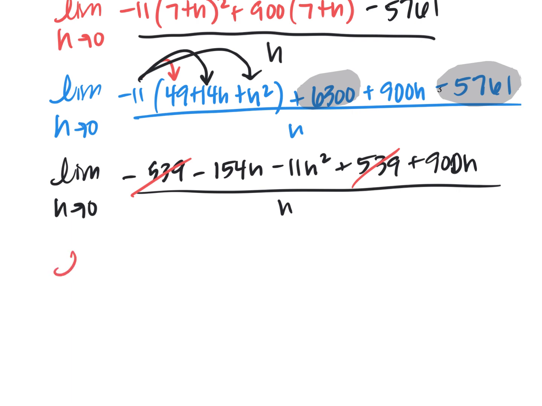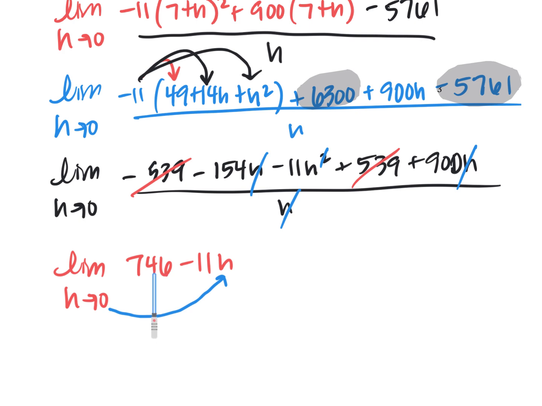Yep, I got that too. So the limit as h approaches 0 is 746 minus 11h. Does that sound right if I got rid of my h's? I'm left with 746 minus 11h. If I plug in a 0 for h, I'd have 746 minus 11 times 0. Final answer? 746. You got it.